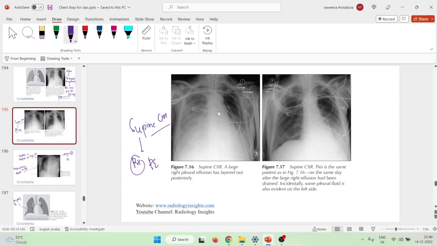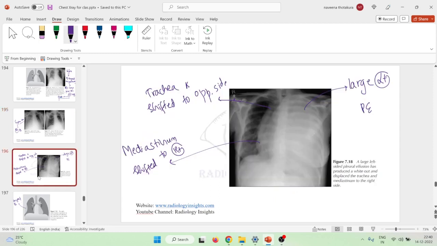That effusion and consolidation might sometimes be misdiagnosed. Then if you see this patient, there is definitely a large pleural effusion on the right side. That means here there will be at least 5 to 7 liters of pleural fluid in this large pleural effusion. So this is actually called a white out lung.